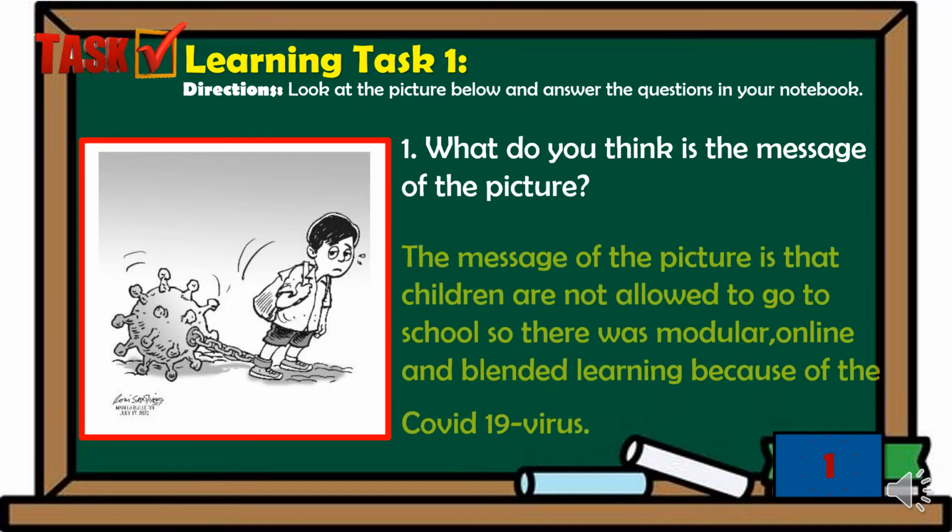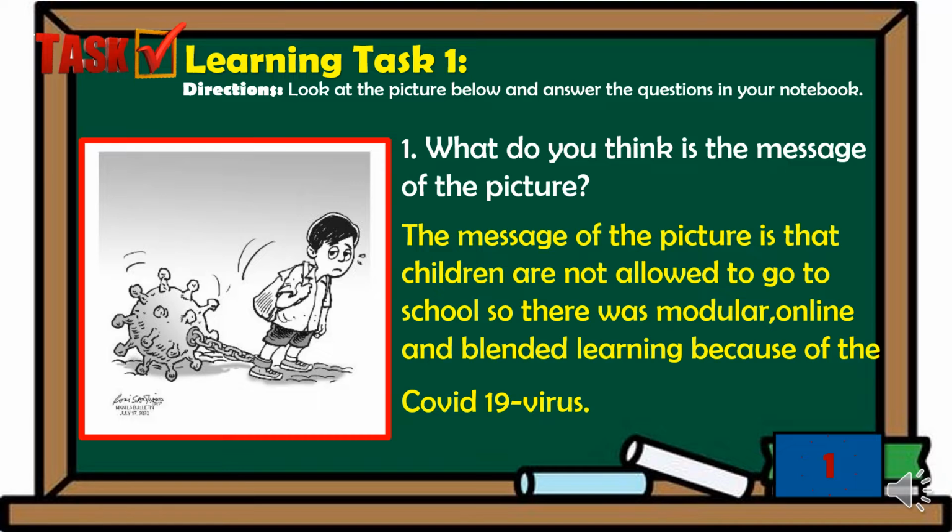And my answer is, the message of the picture is that children are not allowed to go to school, so there was modular, online, and blended learning because of the COVID-19 virus.